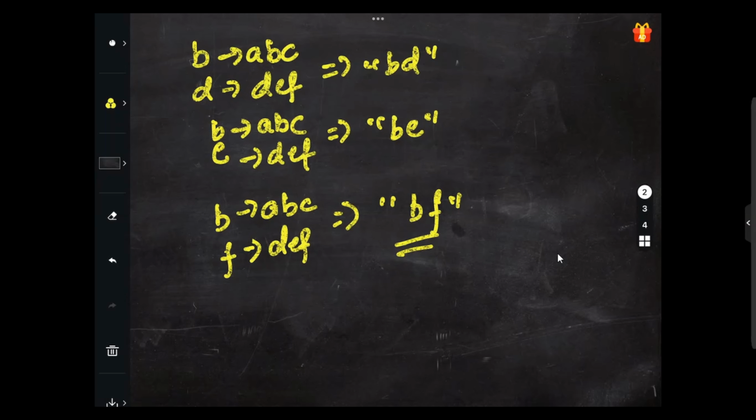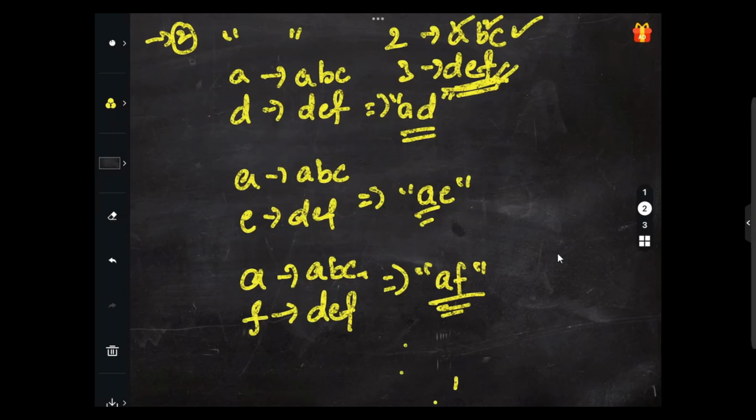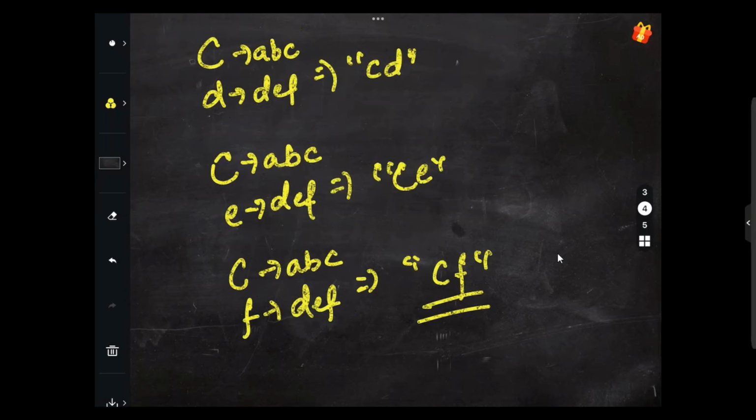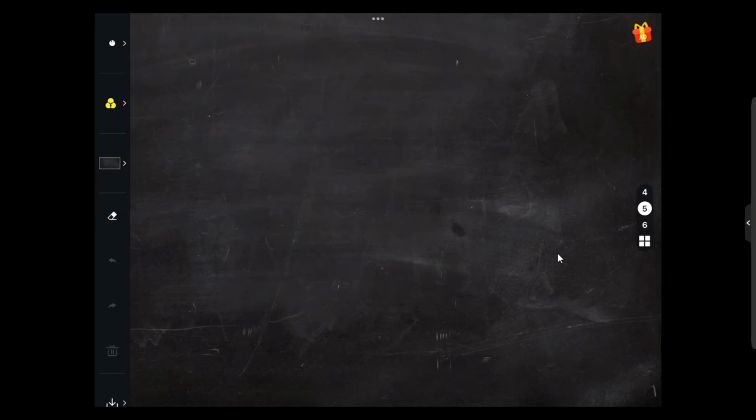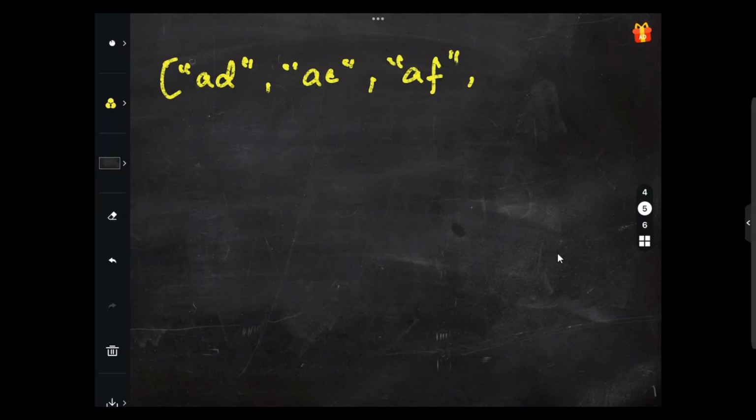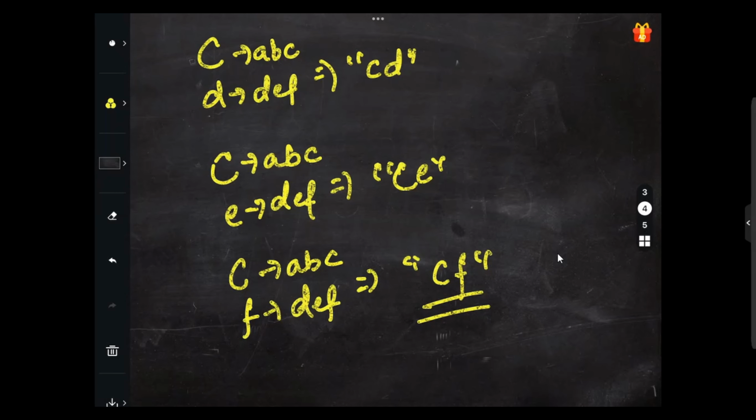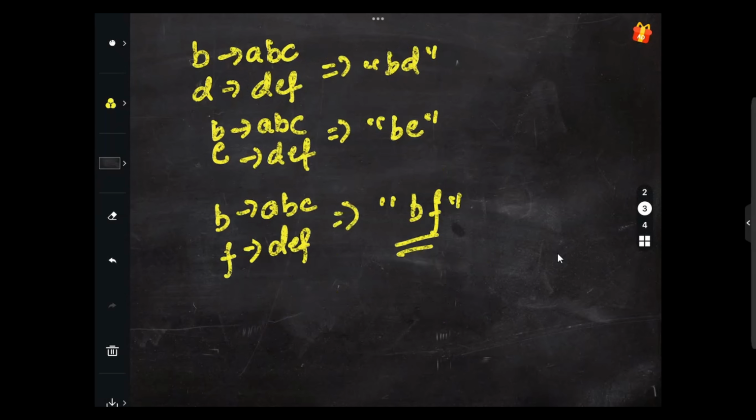So the final result should be AD, AE, AF. Let me come here. We can write this in any order, so I'll just write in the order that I got the output. BD, BE, BF, right?